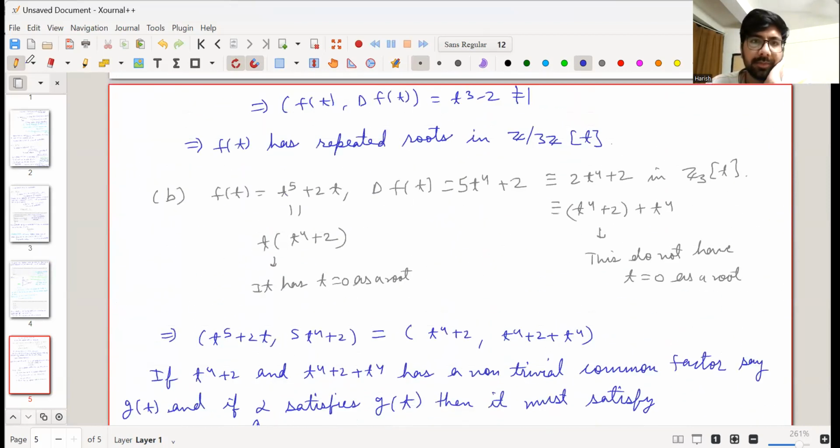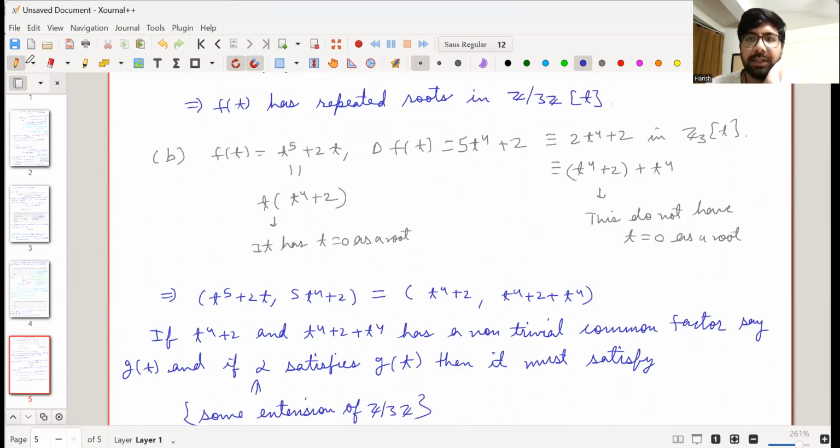So we have to see everything in Z mod 3Z[T], right?